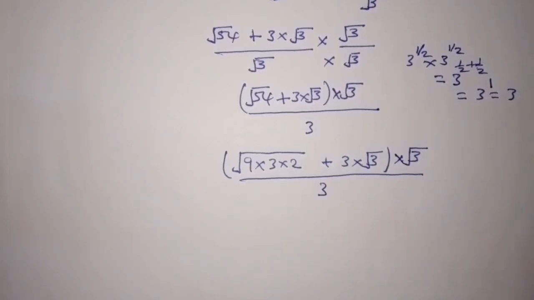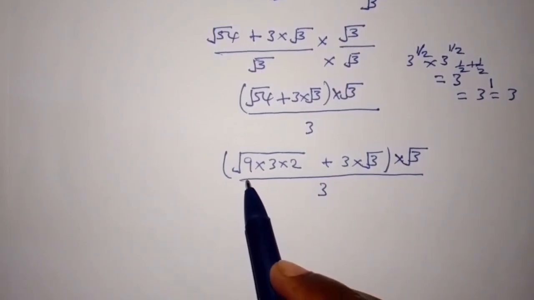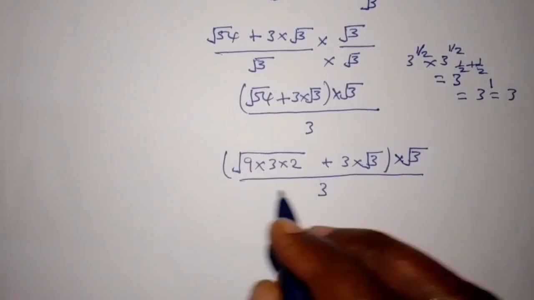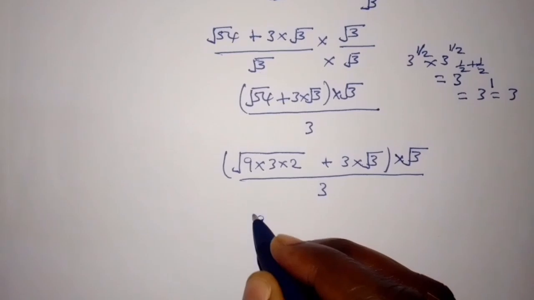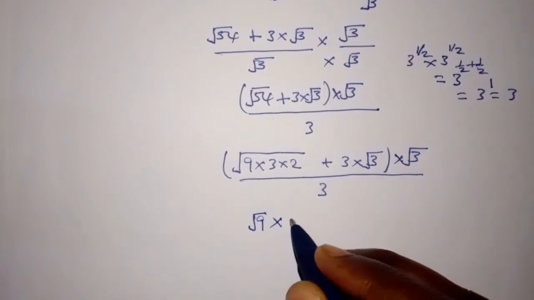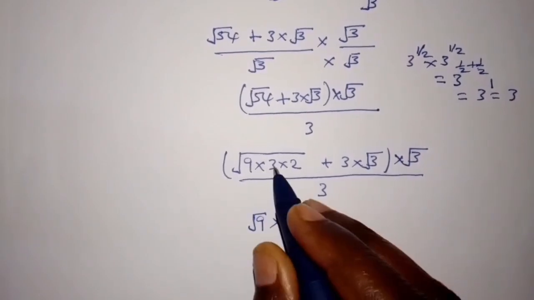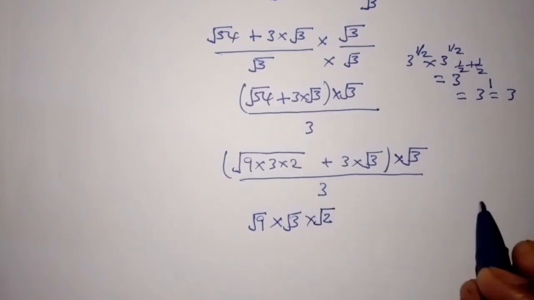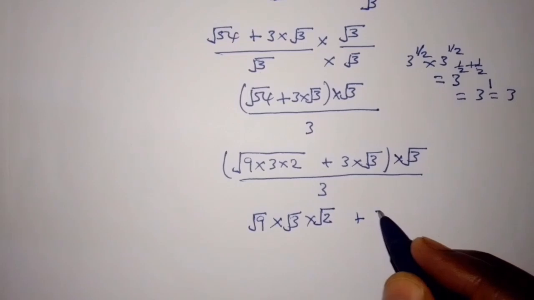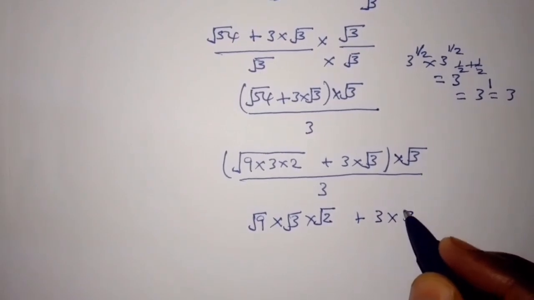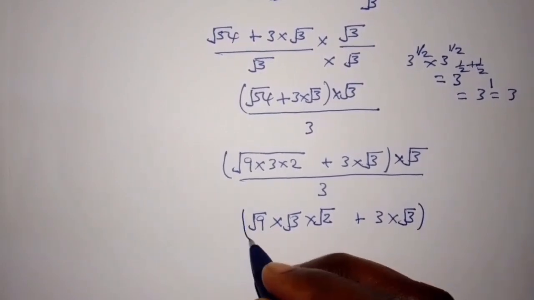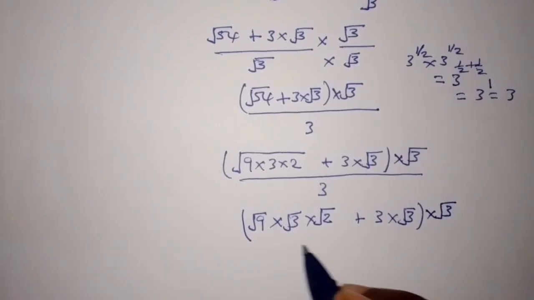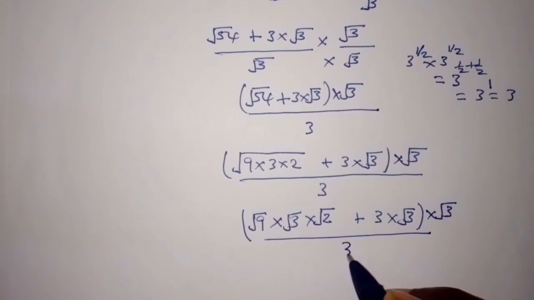So from here we can split. This is square root of 9 times square root of 3 times square root of 2, plus 3 times square root of 3, we multiply by square root of 3 over 3.